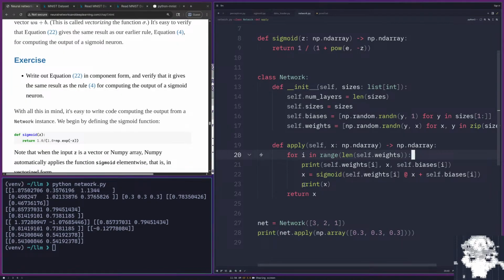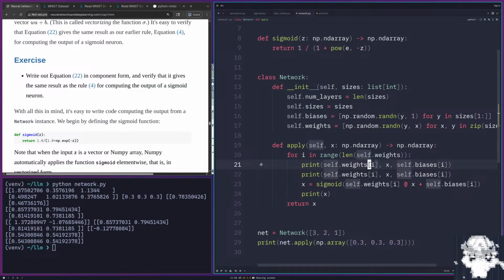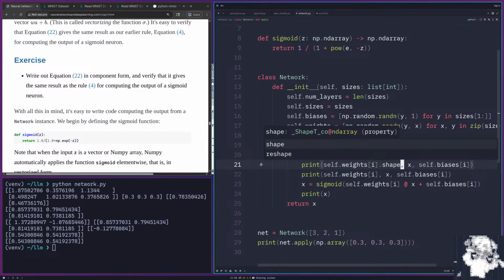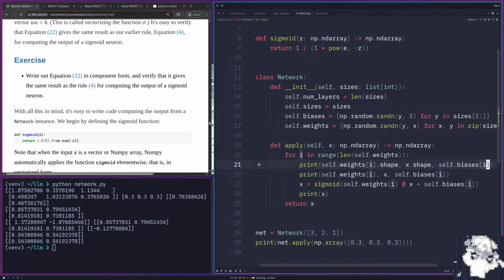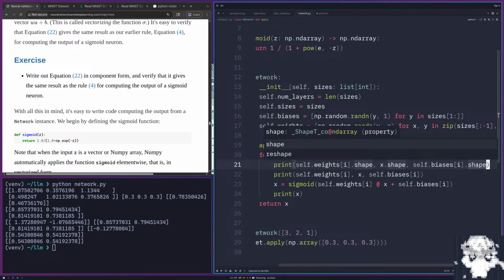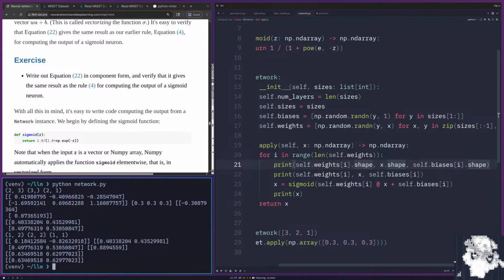Weights is a, and then why don't you print me just the shape of them? I think you can do dot shape in NumPy. x dot shape, biases dot shape. One by two. But it's not 1x2. We saw that it was 2x3.